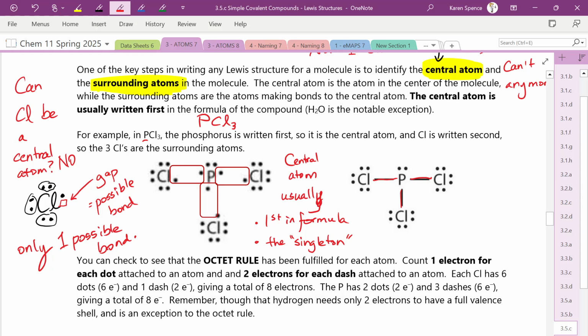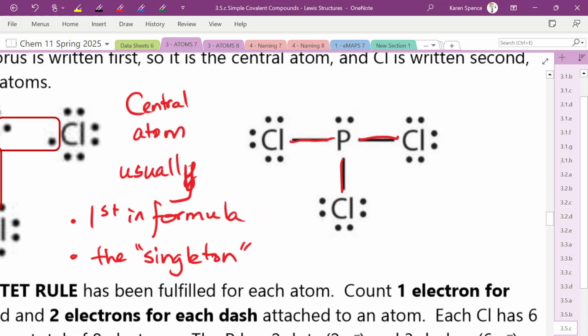Okay. And then let's count up our electrons and make sure there are the correct number of electrons in this structure. So what I would like you to do is look at this structure, the entire thing, and tell me how many electrons in that structure.